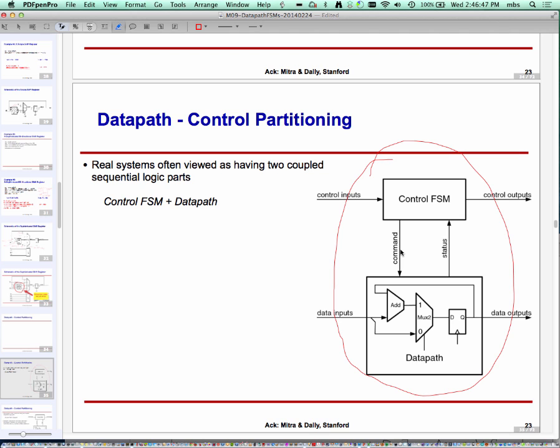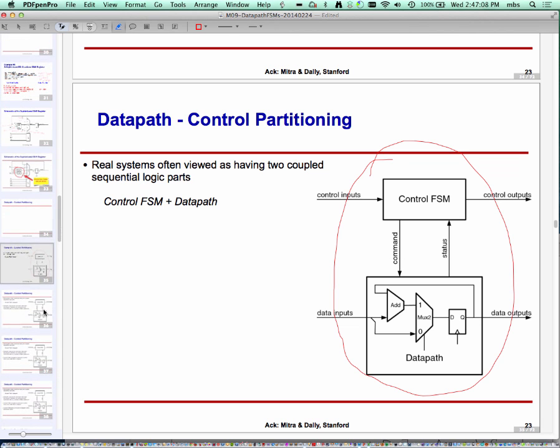That part really corresponds to this data versus controller thing. You can do the first part entirely as a controller. The second part, you would probably have to do it as a very simple data path and a controller.